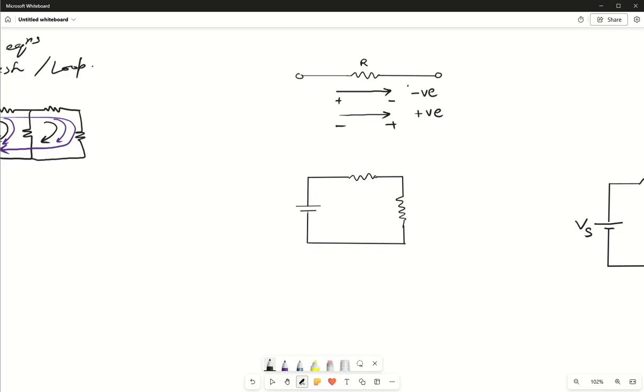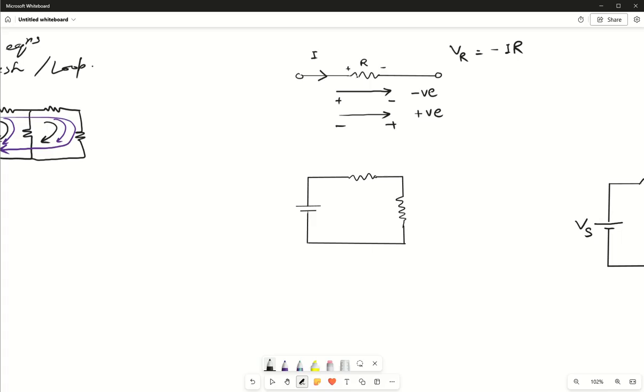As we can see here, whenever a current passes through a resistor, the higher potential is always at the first terminal, and the second terminal is at lower potential. So whenever we write any voltage drop across a resistor, suppose current I is flowing through this resistor R, the voltage VR will be minus of I into R. Why minus?